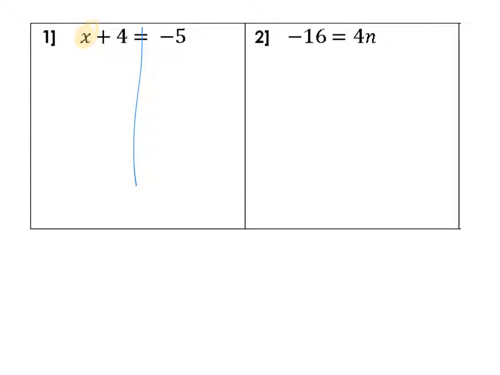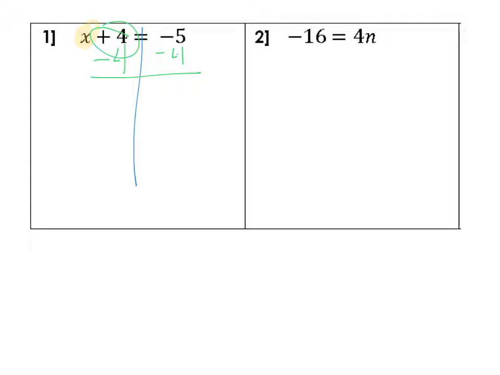So I see that x is being added to 4. Okay, so to solve that, I'm going to do the inverse operation. So the inverse or opposite of adding is subtracting. So I'm going to subtract 4 from both sides.